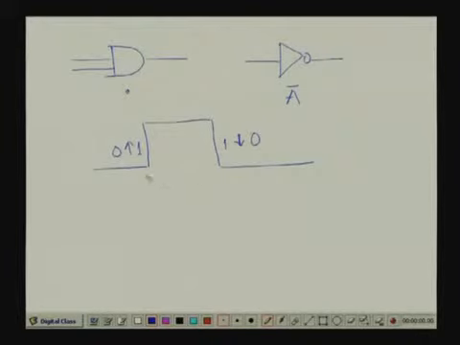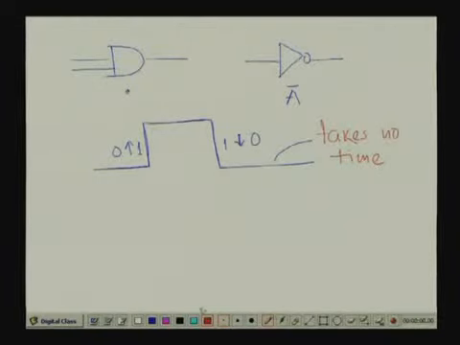Now, this is the ideal situation, as if this 0 to 1 or 1 to 0 takes almost no time. So, I can tell that it takes no time for this switching.